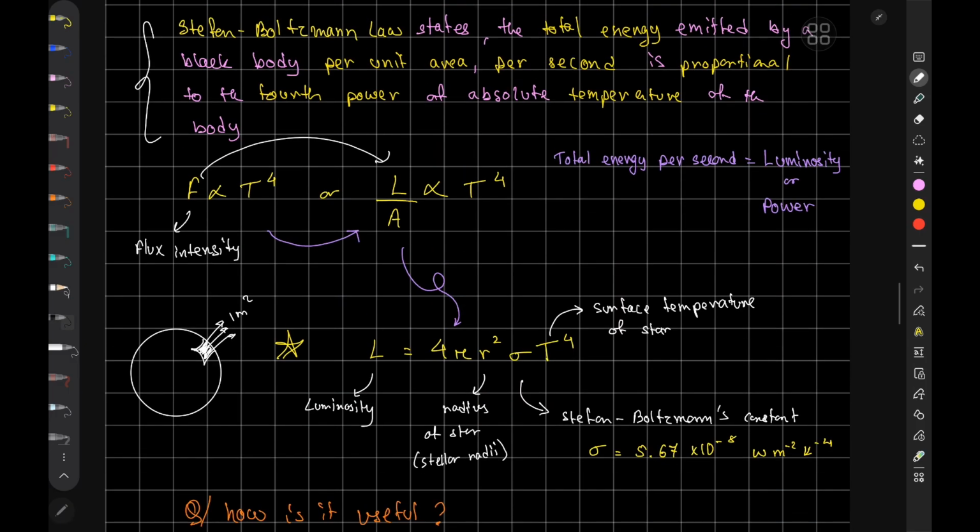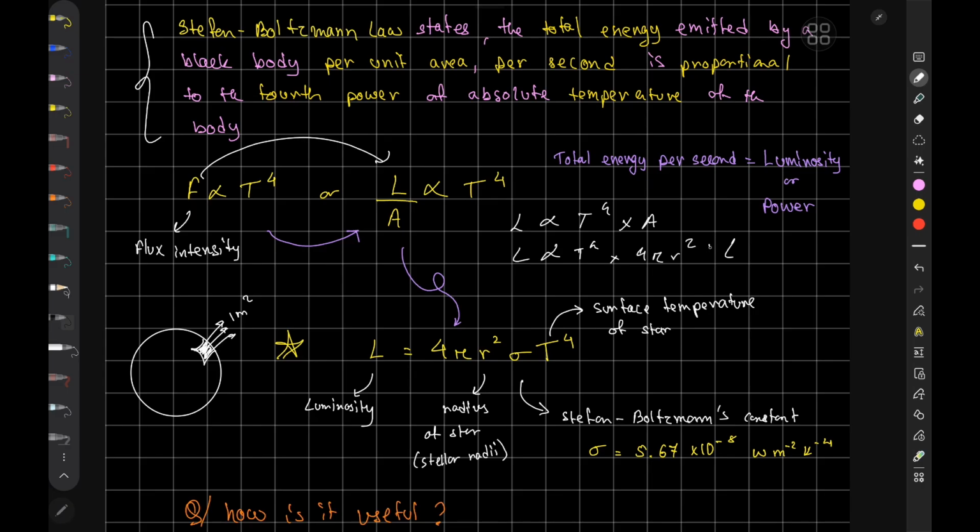and that is proportional to temperature to the fourth power. Now make luminosity the subject, and you have L proportional to T to the 4th power times area. Let's break down area. L is proportional to T to the 4th power times, what is the surface area of a sphere? 4 pi r square.